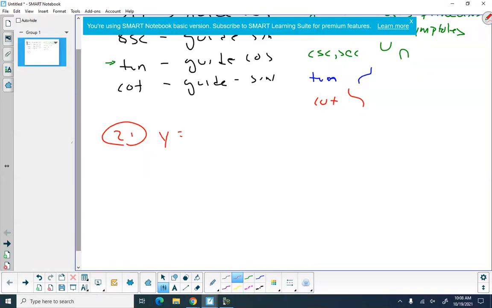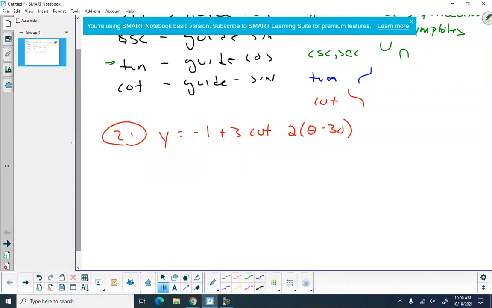We have y is equal to -1 plus 3 cotangent of 2 theta minus 30. The first thing you're going to want to do is write in what our guide function is going to be.